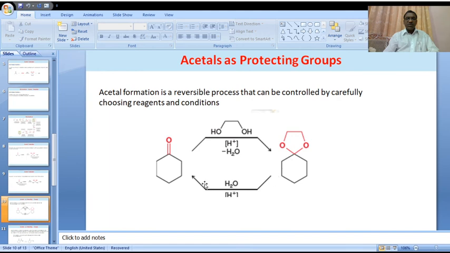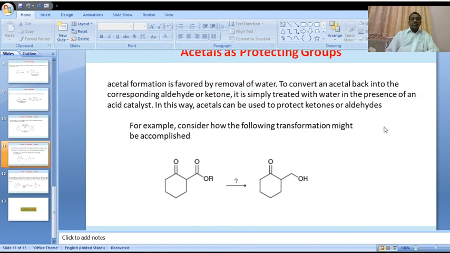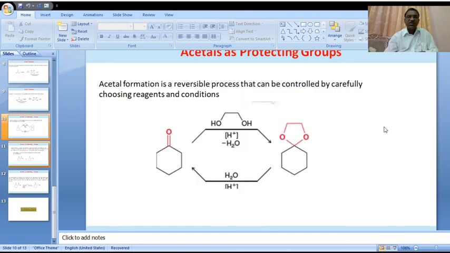In the reverse process it again loses a water molecule and forms the carbonyl compound. Acetal formation is favored by removal of water.